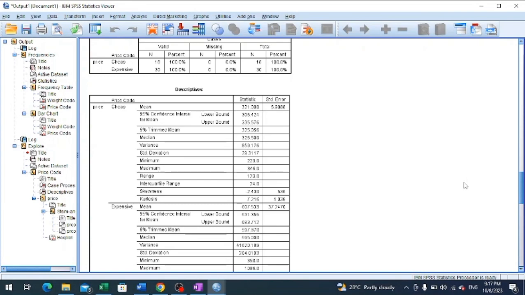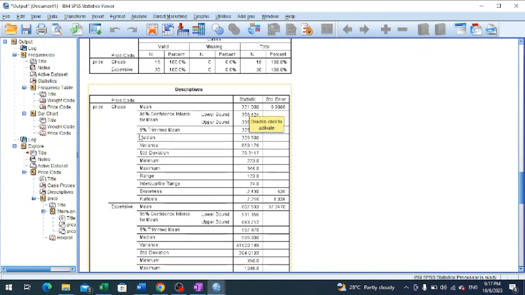Now you can see this table is giving us data analysis measures for both the cheap price category and the expensive price category. But the question is asking us to discuss the findings for the price behavior of cheaper price diamonds. So we stick to the first part of the table. The mean price is $321.